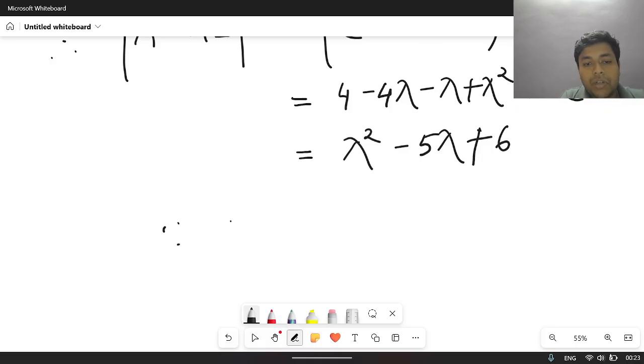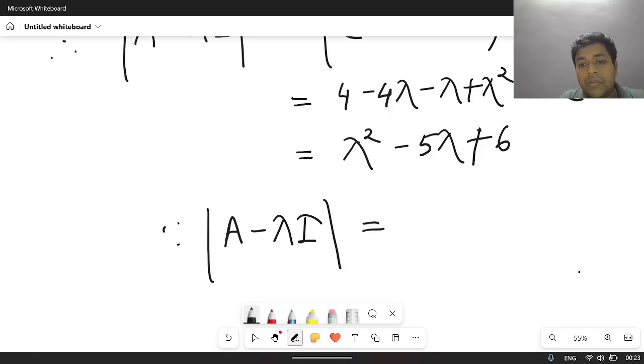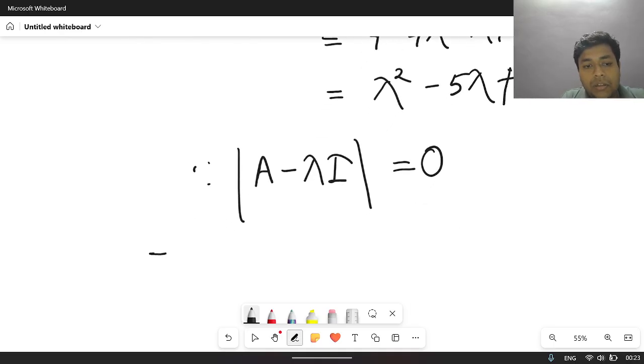Since our equation is the determinant of A minus lambda I equal to 0, this particular thing will be equal to 0.